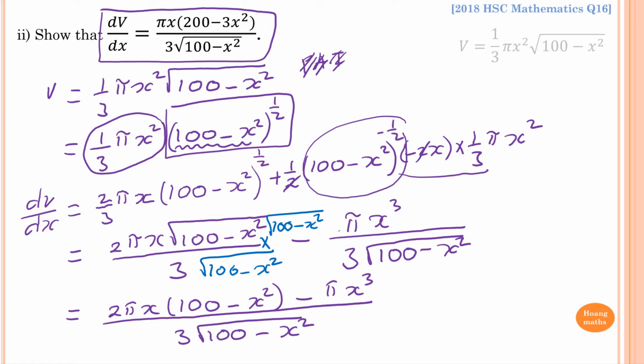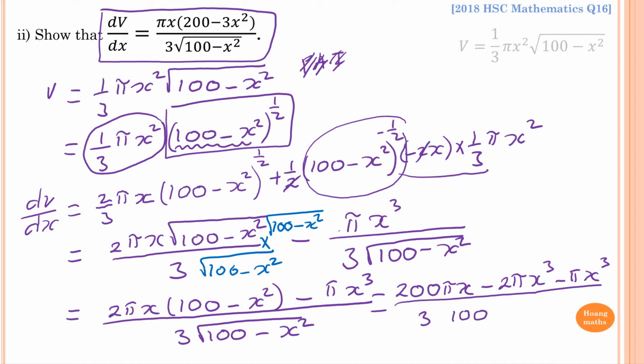So expand this out, which gives me 200 pi x minus 2 pi x cubed, and then minus pi x cubed, all over the bottom, which is 3 times the square root of 100 minus x squared. These add together, so that gives me 3 pi x to the power 3. So I take the common factor out.